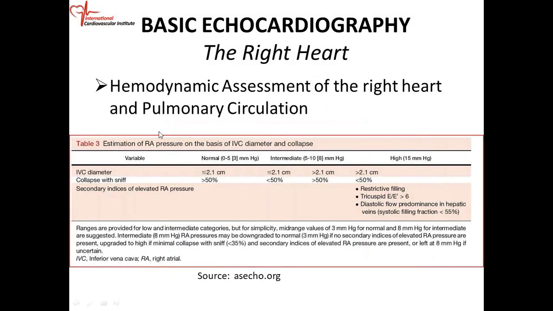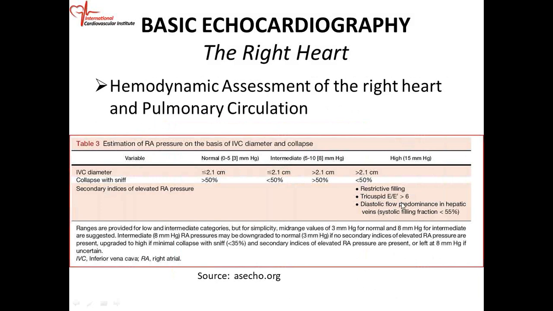So this is the table that we just went over. A very high right atrial pressure is characterized by an IVC measurement more than 2.1 centimeter, less than 50% collapse of the IVC, and what you get is what we call a restrictive filling.